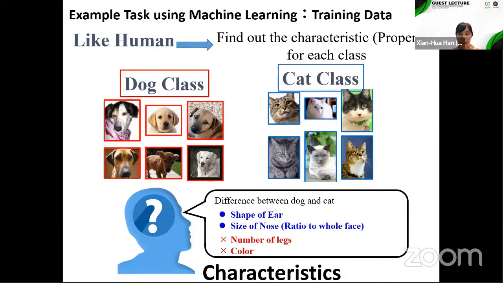So in traditional machine learning techniques, according to our experience, we first extract some very unique features. Such as for dog and cat classification, we can extract the shape features of the ear and the size of the nose to distinguish whether the image belongs to dog or cat.